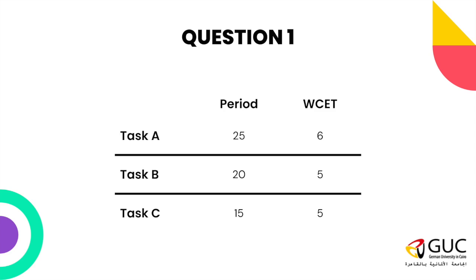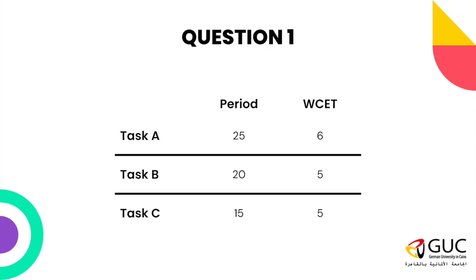We have two main tests. The first one is the UB test, which is the easier test, and the second one is the response time test. In this question, it asked for the utilization bound, and although it is an easy test, there is one condition that must be satisfied in order for us to use the utilization bound test to check whether this set of tasks is schedulable under rate monotonic or not.